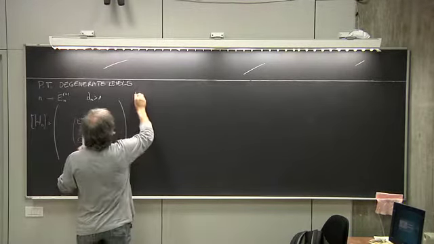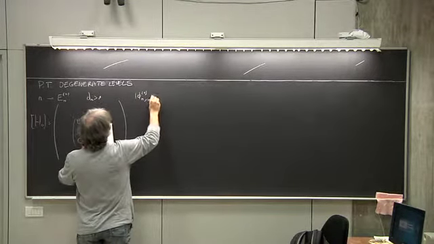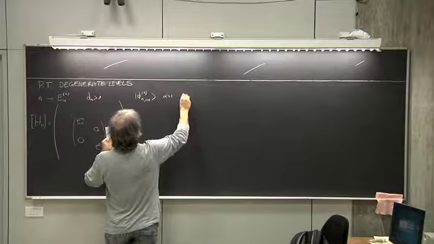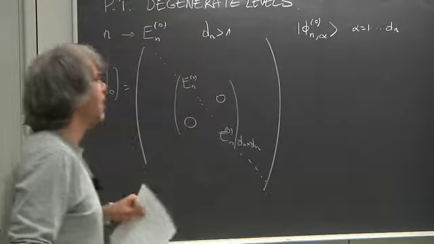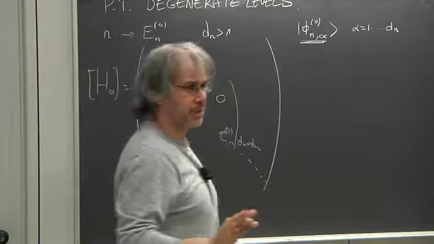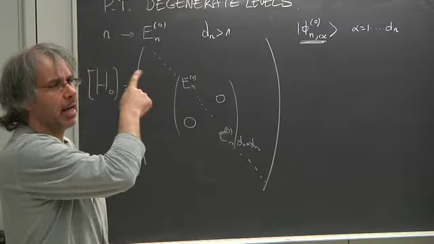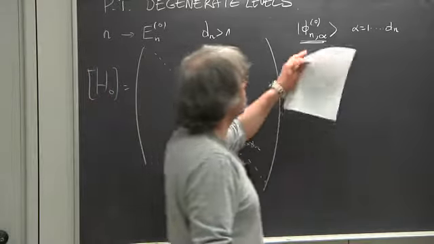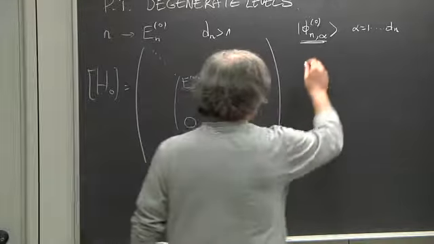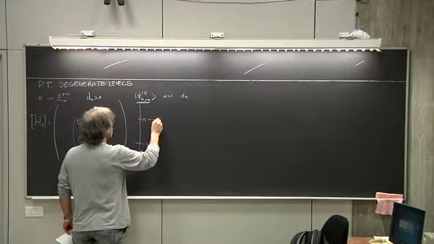To distinguish the different states, therefore, we will denote them by, for instance, some index alpha. So alpha here for a given n goes from 1 to Dn. But you realize that the choice of this is highly arbitrary, because you can mix them by a unitary matrix. Let's be definite: this is the 1s, this is the 2s, and the 2p.